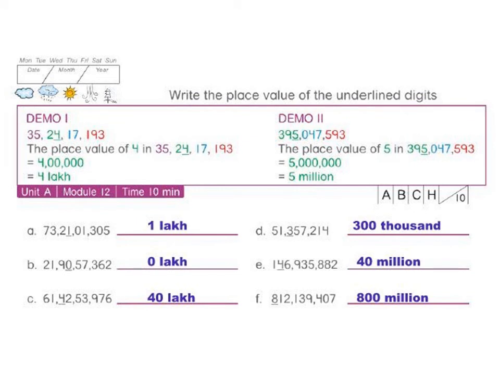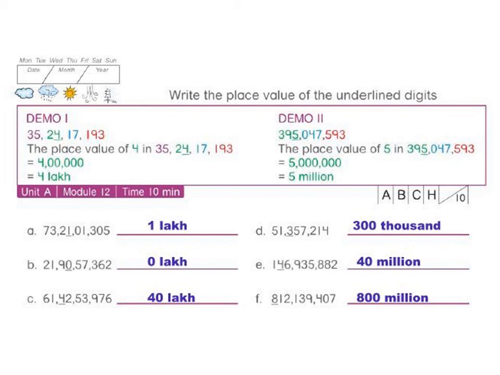So, in question number A, 1 is in lakhs place, so the answer is 1 lakh. In question number B, 0 is in lakhs place, so it will be 0 lakh. In question number C, 4 is in 10 lakhs position, so 10 lakh into 4 will give us 40 lakh.